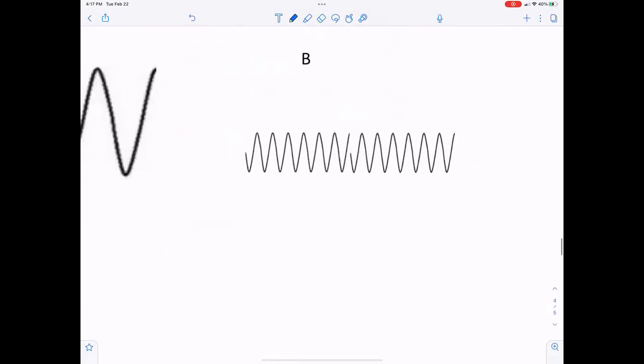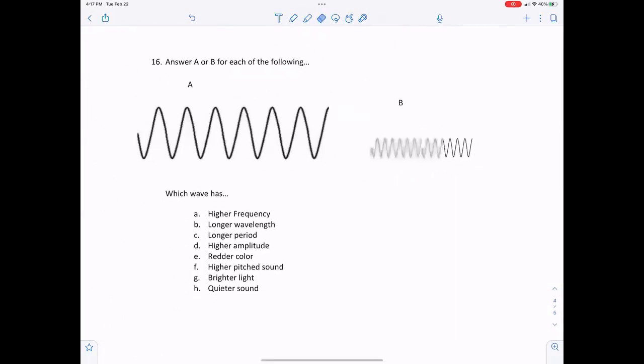Over here, we're going to go 1, 2, 3, 4, 5, 6, 7, 8, 9, 10, 11, 12, 13, and 3/4. So we have almost twice the number of waves in B than we do in A.